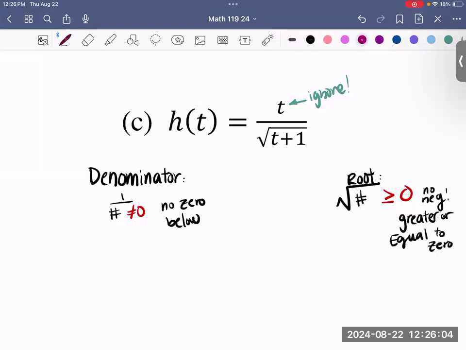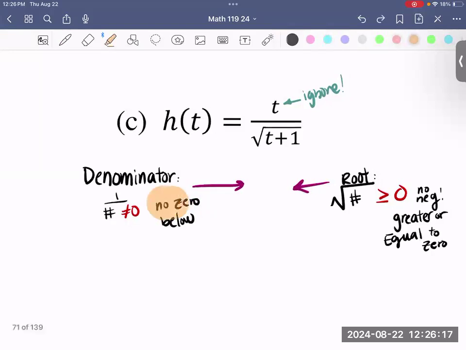So if we were to bridge these two gaps together, combining these ideas, well, one says no zeros, and the other says it's greater than or equal to 0. The greater than is okay, but that one says equal to 0.